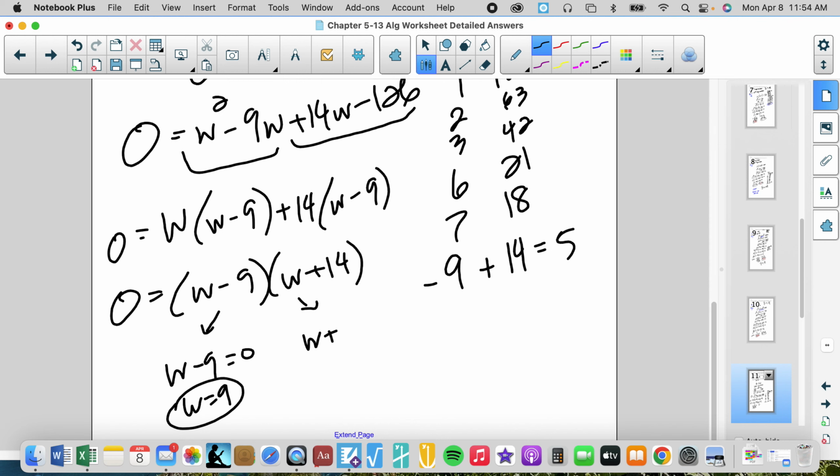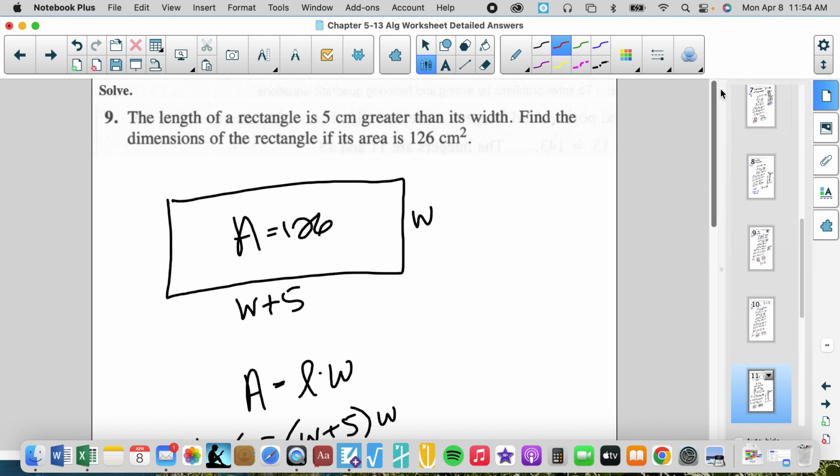And W equals negative 14. Now, our width, we can't have distance be negative. So my width must be 9 centimeters. And then my length is going to be 9 plus 5, or 14 centimeters.